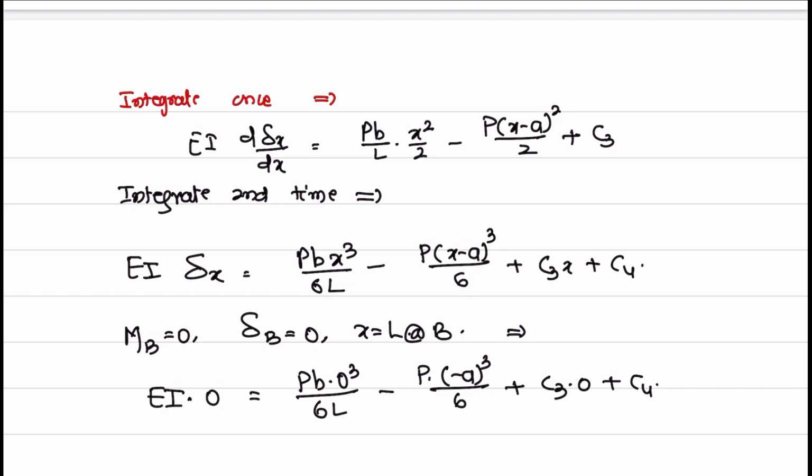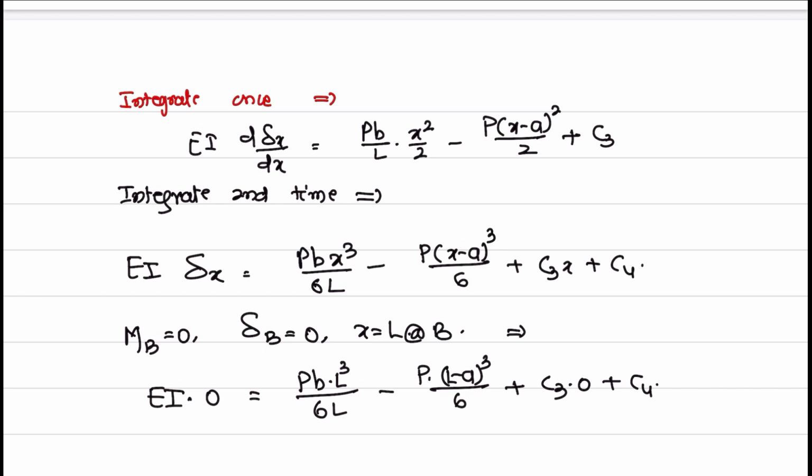From this, you can find out the C3 value. At x is equal to L, L minus a whole cube, EI delta x is 0.